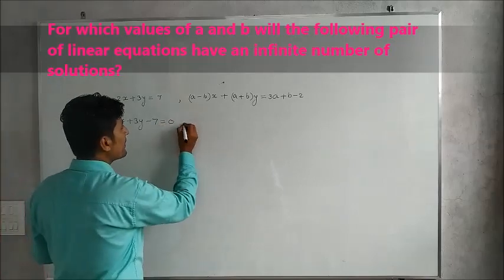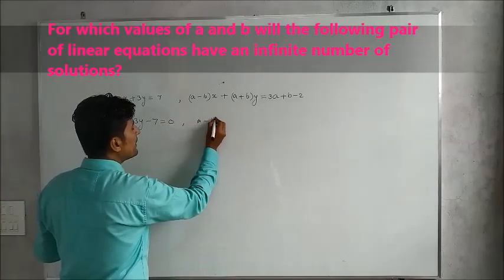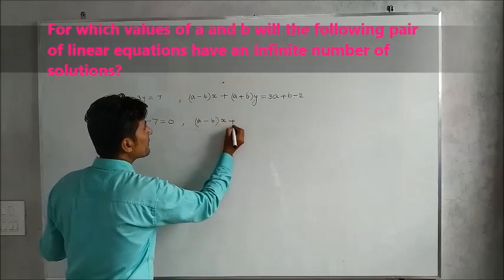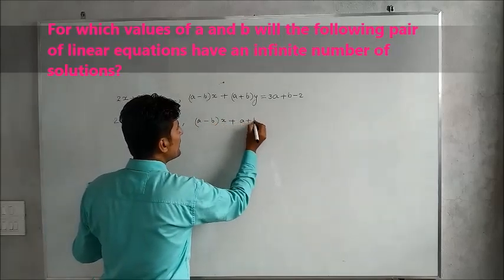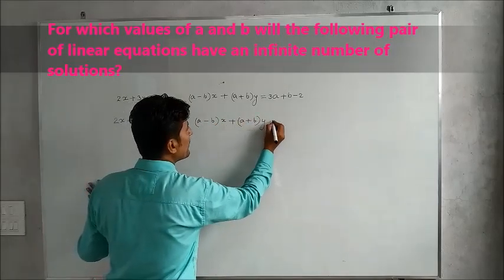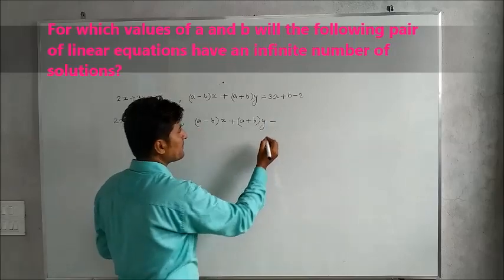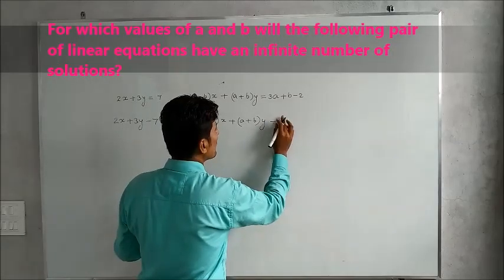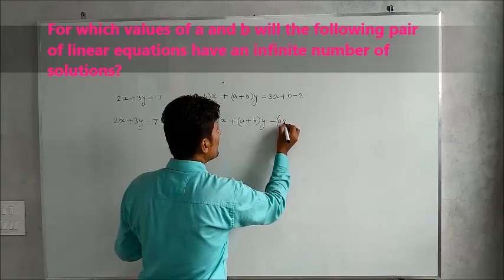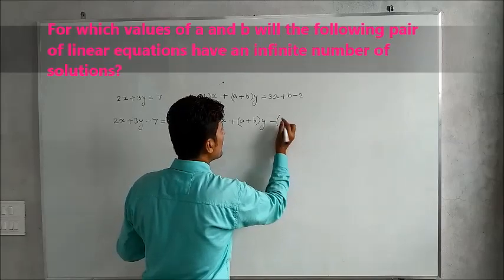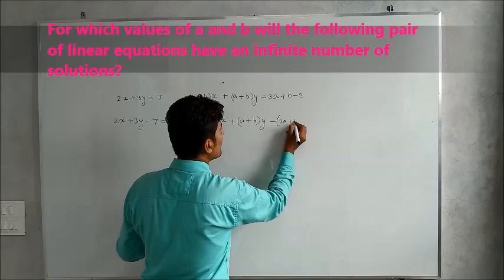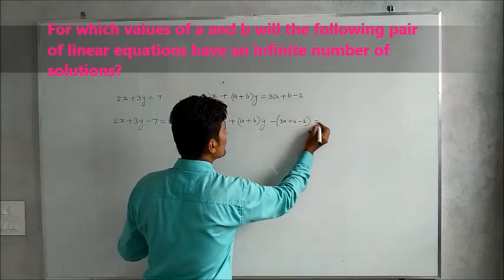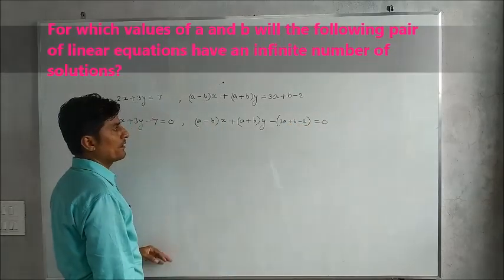The second equation can be written as (a minus b) into x plus (a plus b) into y minus (3a plus b minus 2) equals 0.